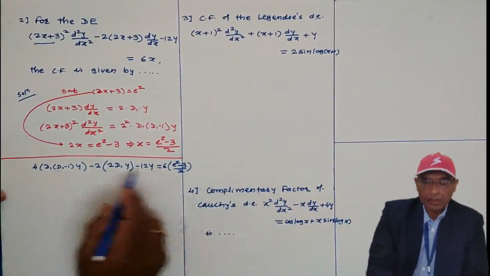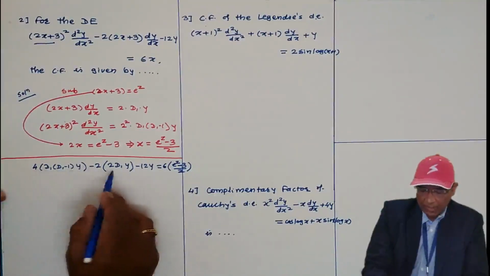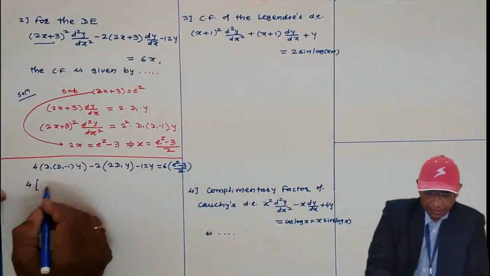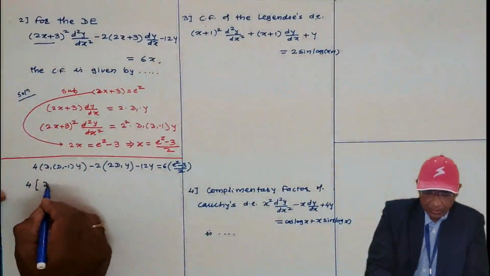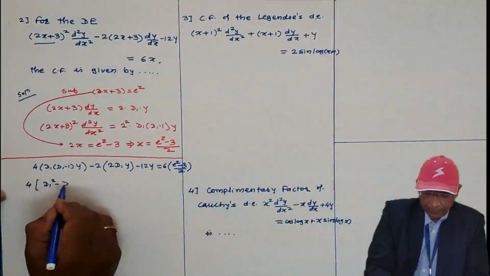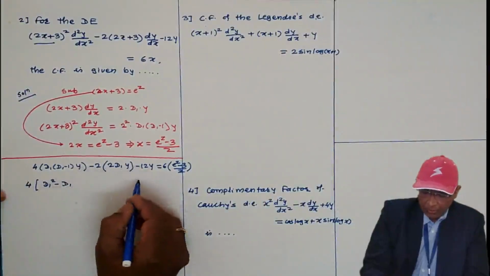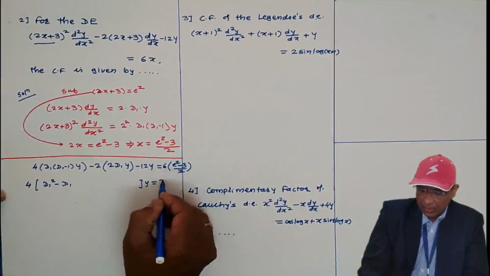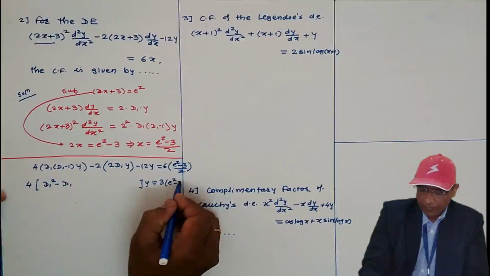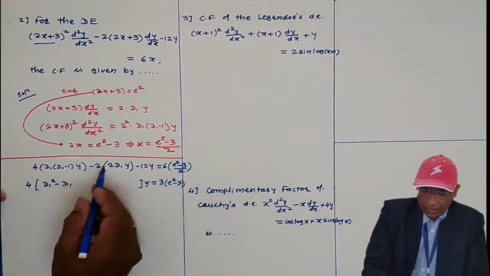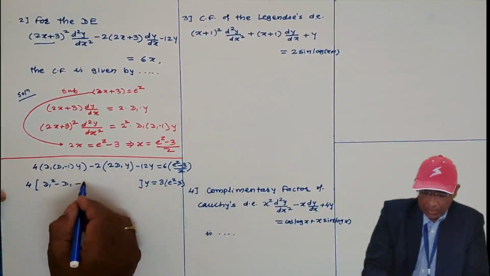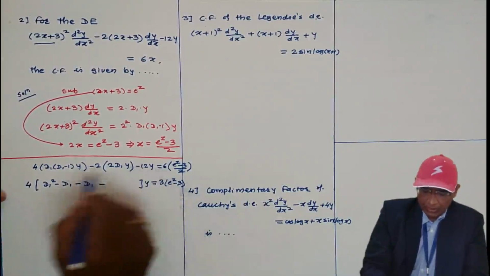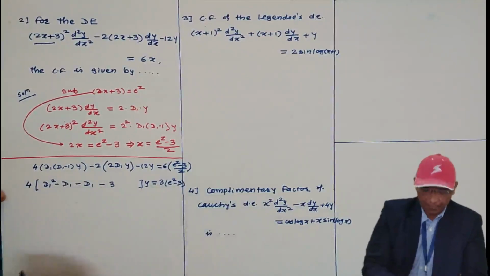Now here, if you look at this very carefully, this 4 is common. I am taking 4 common. What will happen? D1 square minus D1. y also I am taking common in this step. In order to reduce the steps, 6 by 2 is 3 (e power z minus 3). Minus, this 4 I have taken common, minus D1 minus 12, and 4 I have taken common, therefore 3 will be there.